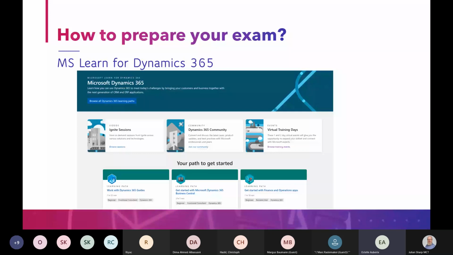You also have access to the Ignite sessions, and a lot of Ignite sessions are about real use cases, enhanced labs, or best practices to use the product. So that's why the Ignite sessions are really good for Dynamics 365.